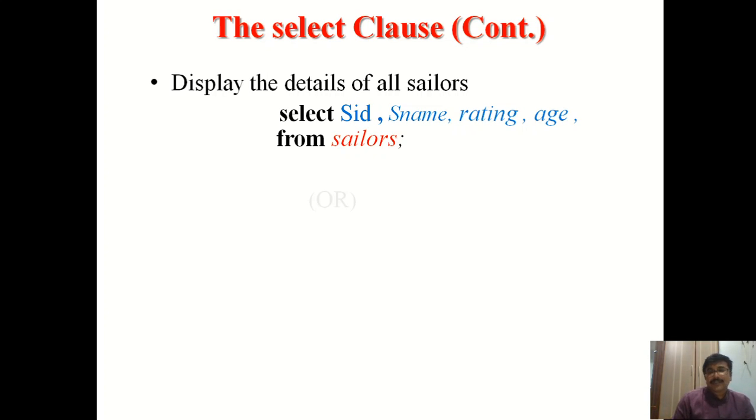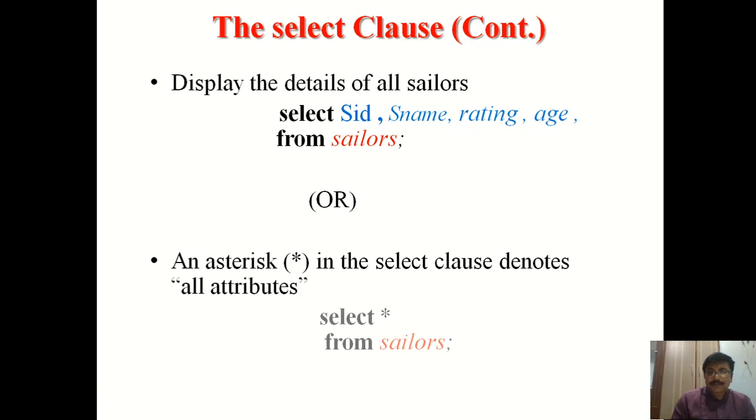The same query can also be written in some other way, where we can use an asterisk. So select star from sailors. What is the difference between these two? The star is nothing but an asterisk, which includes all columns of the table. If you have a table with 30 columns and we need to display all the details of the table, we would need to represent 30 columns in the select list.